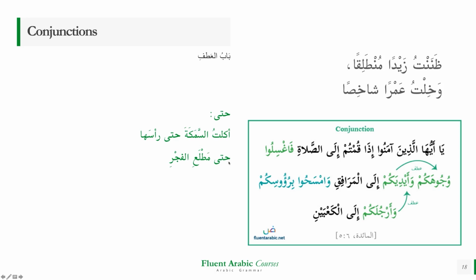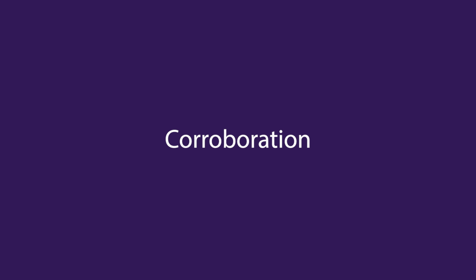But if the sentence is حتى مطلع الفجر, here حتى is used as a particle like إلى, عن, في. So it is one of the particles of jar. That is why it is majroor or makhfud. حتى مطلع الفجر. Here it means until. Here حتى means even. And here it means until. حتى مطلع الفجر.